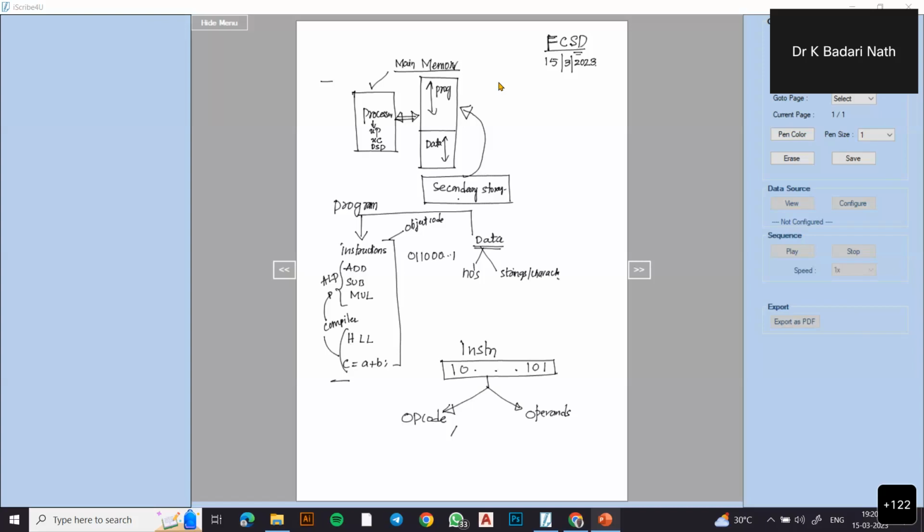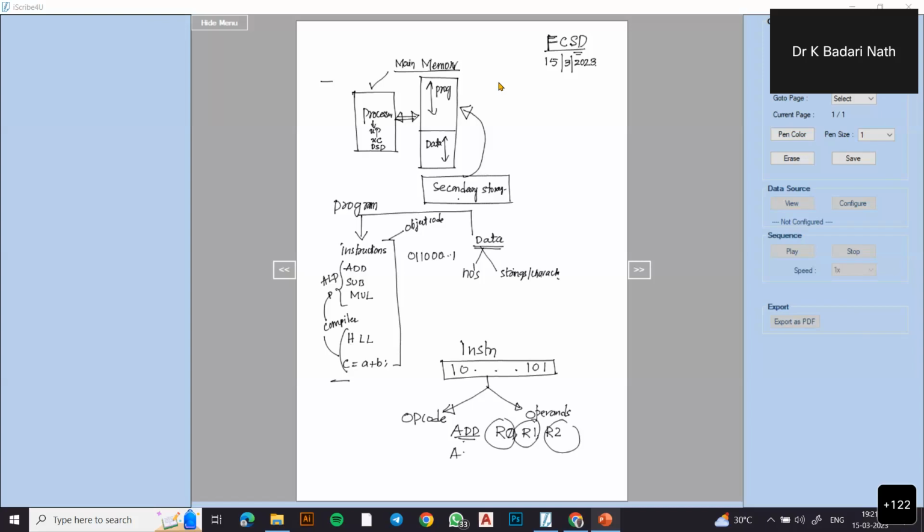If I take an example of an add instruction, say add R0, R1 and R2, that means I'm adding the contents of R0 and the contents of R1 and placing the answer in R2. That means this instruction has the operation add, and these are called operands.